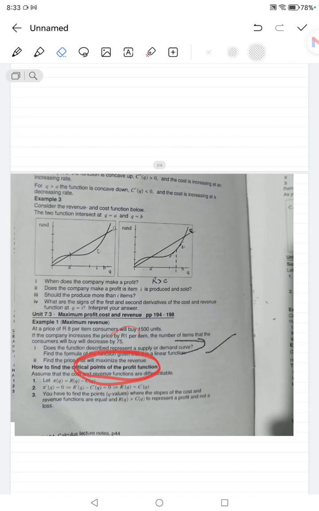What were you going to do if this was in the exam? What were you going to do?